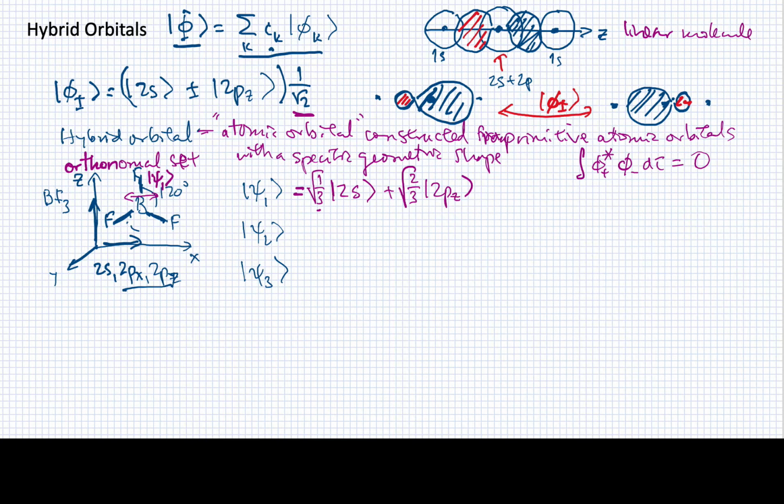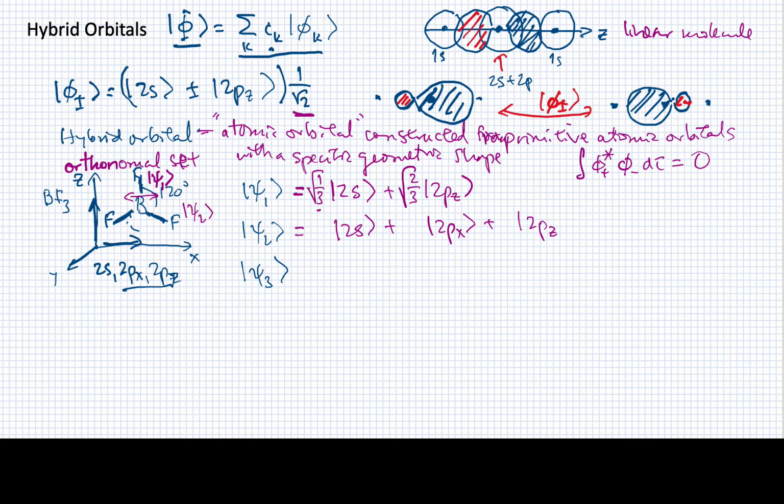Now for psi2, the combination that I might want to render would involve a positive px, so let's make this one be psi2. I'll have again a 2s orbital. I will now have a 2px orbital, and I'll have a 2pz orbital.